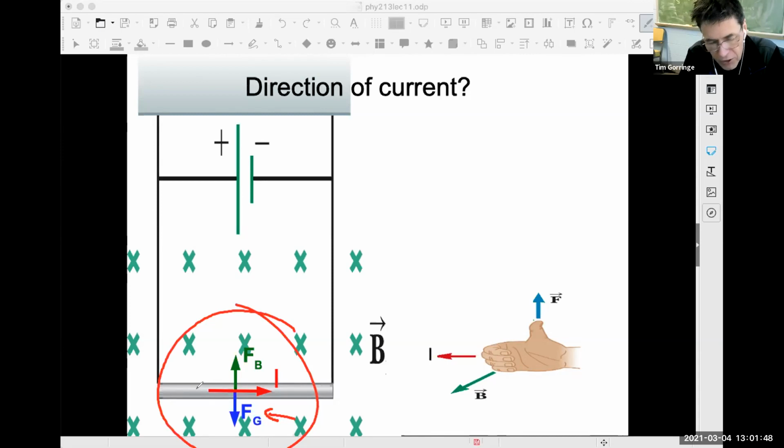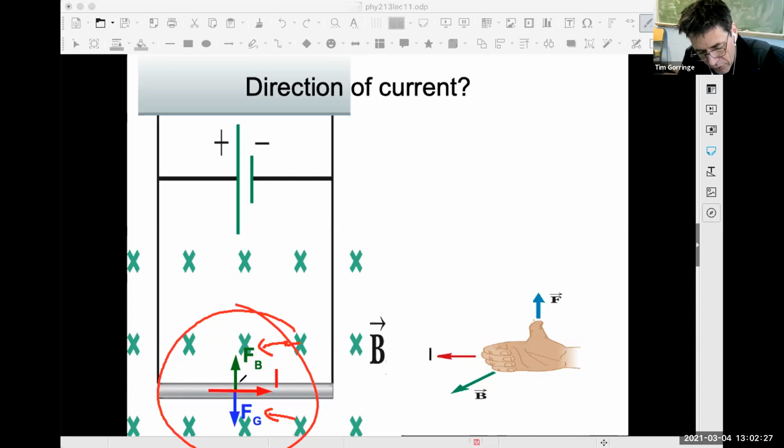And if the conductor is floating in space, then there must be a corresponding force, a balancing force that's pulling the conductor upwards. And that's coming from the magnetic force that's coming from the magnetic field. So this is the situation where the wire or the conductor is floating in space, where the downwards pull of gravity and the upwards force of magnetism are equal and opposite one another. So the blue arrow of gravity and the green arrow of magnetism are equal and opposite here.